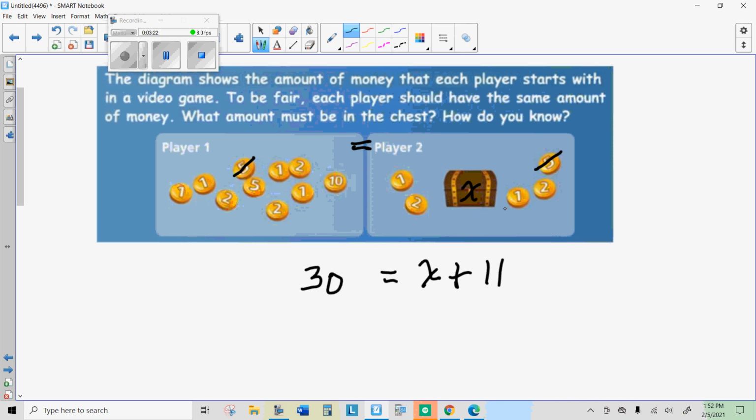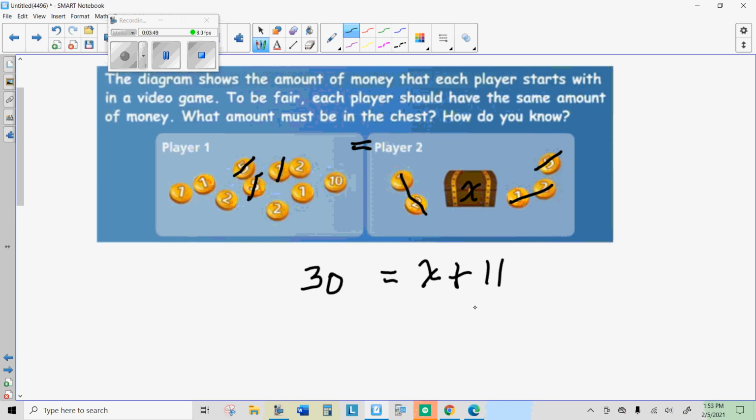Actually, I could add the same amount to both too, and it would still be true. Okay, so what I'm thinking, since I want to know what's in this treasure chest all by itself, is I'm going to take away all this, which is 11. And as long as I take away 11 from this side, the equation is still true. I have a new true equation.